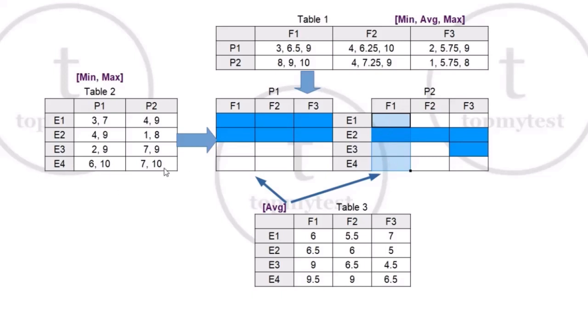Similarly, if I look at table 2, P2 has to get a 10 in this row because E4 has given 10 to P2 in one of the 3 features. So the intersection of these two, that's E4 in feature 1, by P2, right? So this should be a 10.